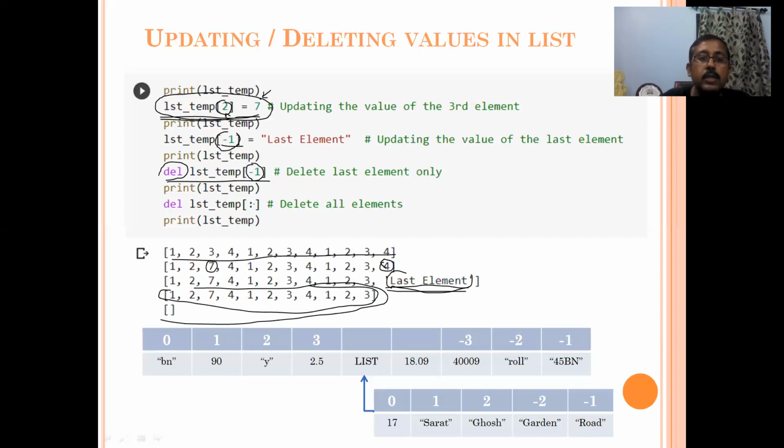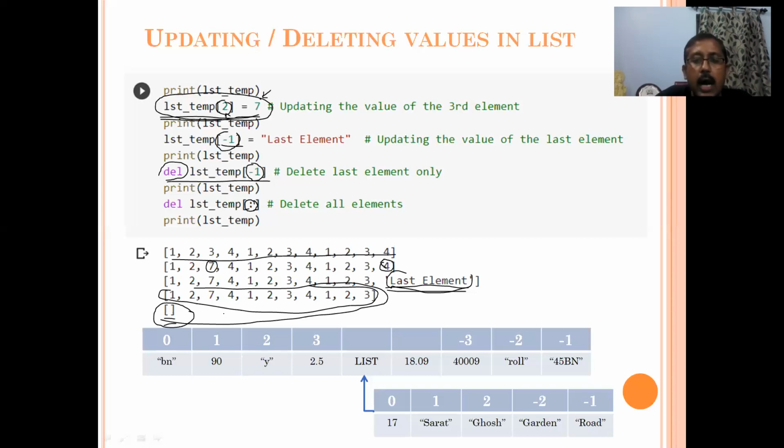If you want to delete all elements, you will give a colon, right? And you will not specify anything as a start or anything as a stop. So by default, what you are telling is go from the first index till the last index and delete all elements. So then again, you will get a blank list, right? This is how you can delete the elements of a list.